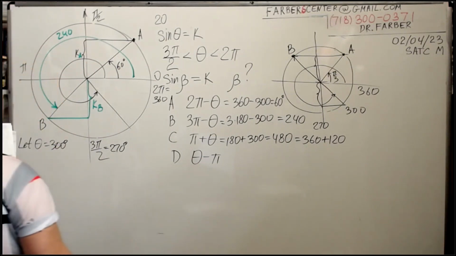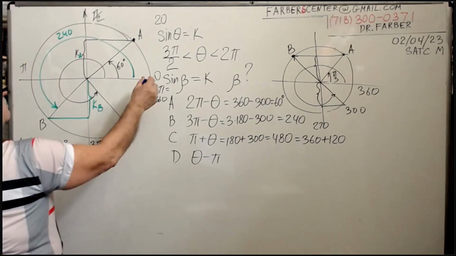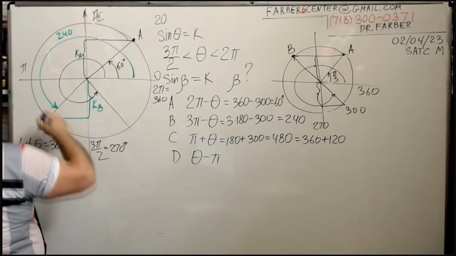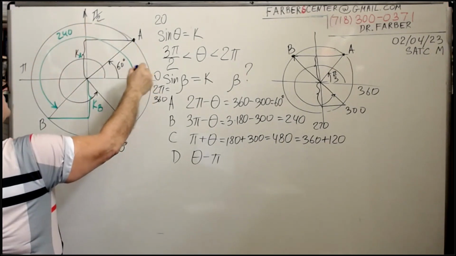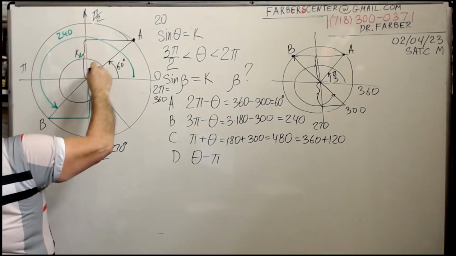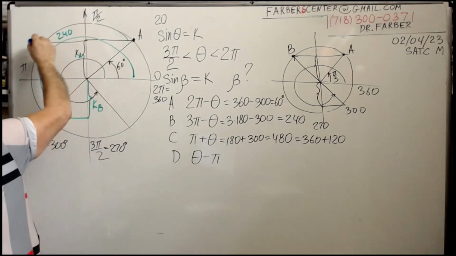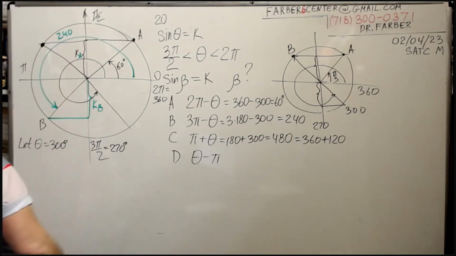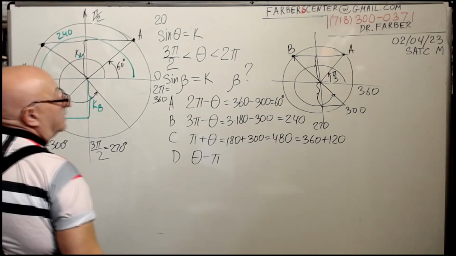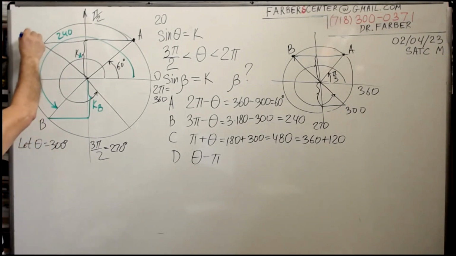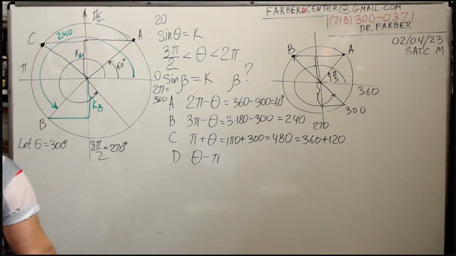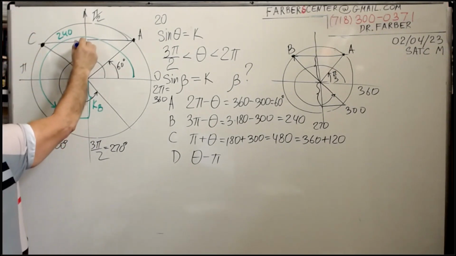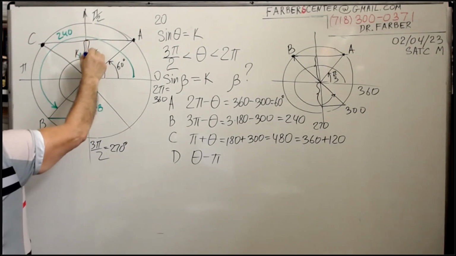So you start from this point, make a rotation, and add 120. And this would be what? My C. For C, I have the same k. k_C.